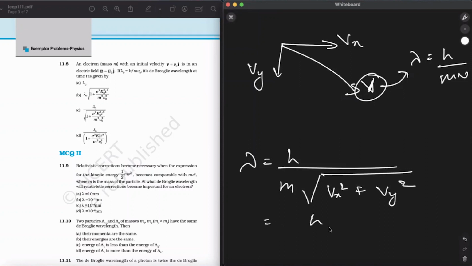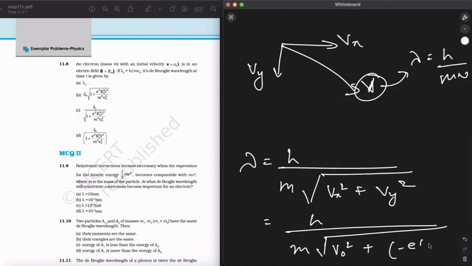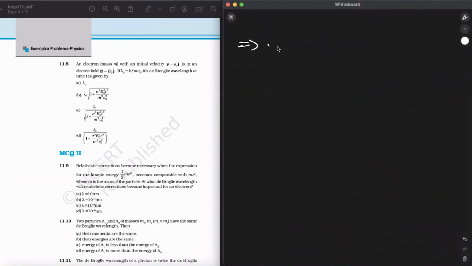Simple: h upon m under root of v naught square plus minus eE naught upon m t whole square. That gives v naught times 1 plus e square E naught square t square upon m square v naught square.